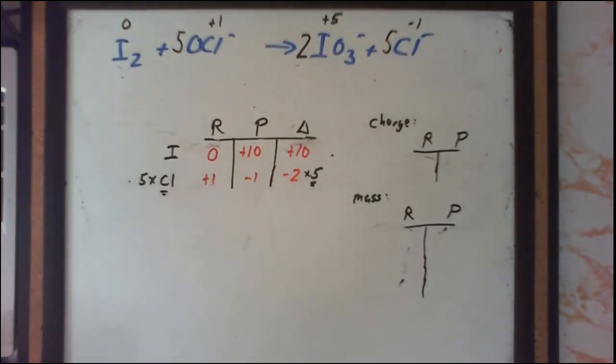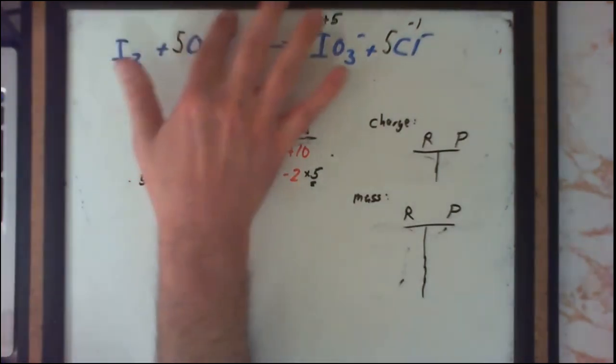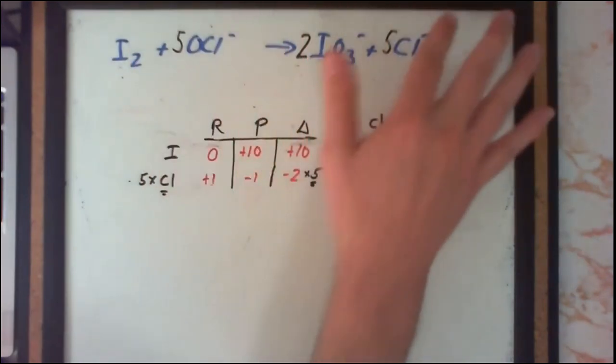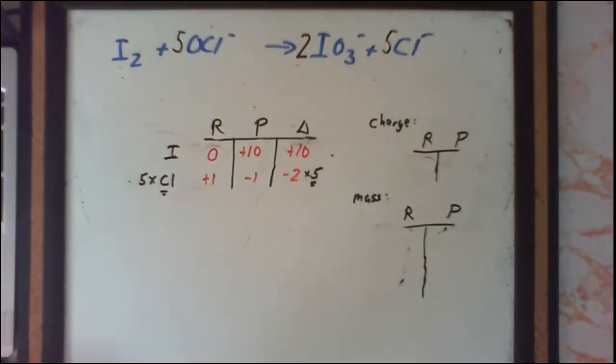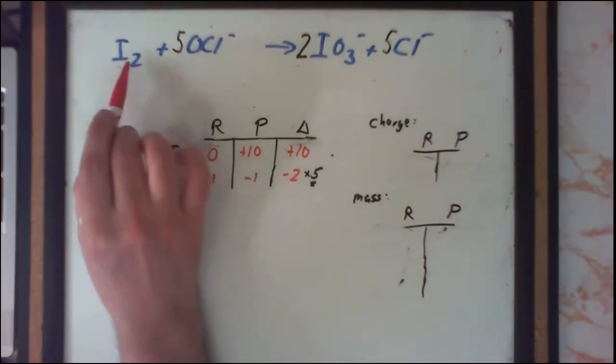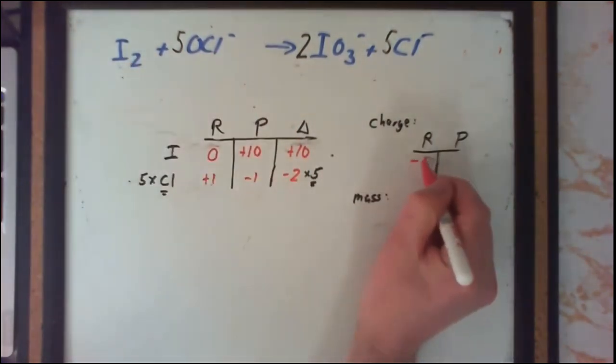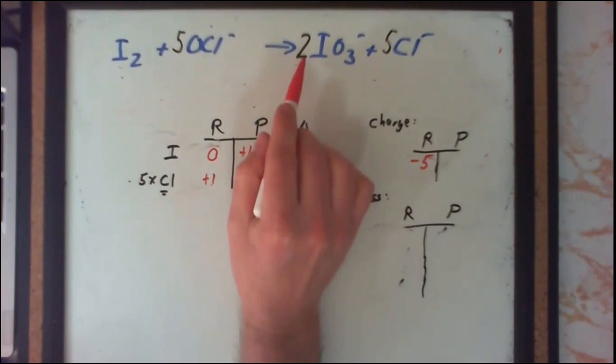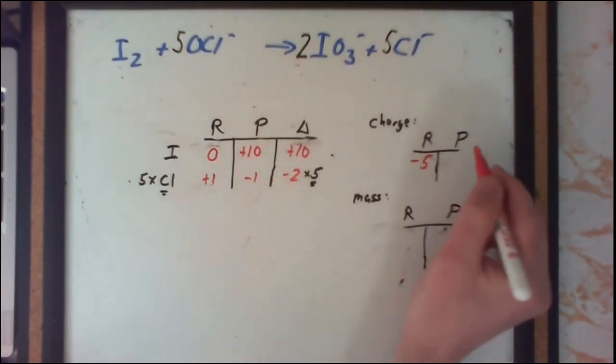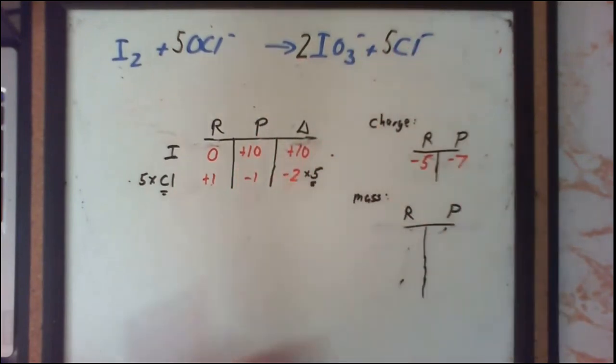Our next step is to figure out the total charges and to balance the total charges using hydrogen ions. So our total charge on the reactant side is 0 plus a -5, or -5. On the product side, it's -2 plus a -5, which is -7.